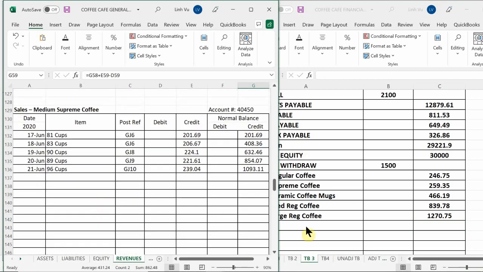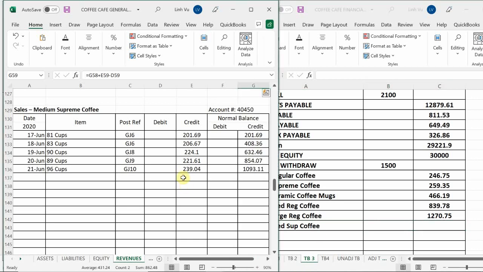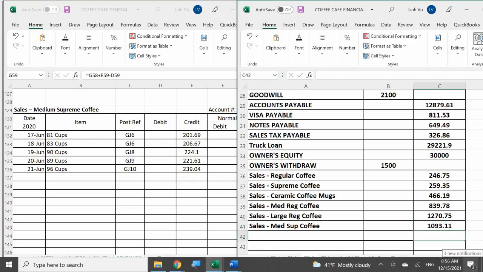Then we have sales medium supreme coffee. Okay, how much is that? 1,093.11. Okay.